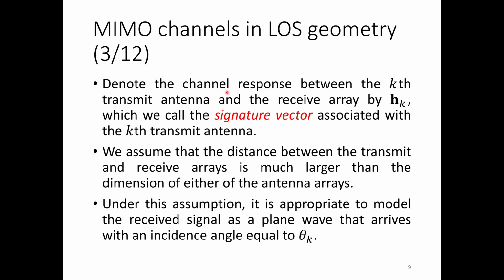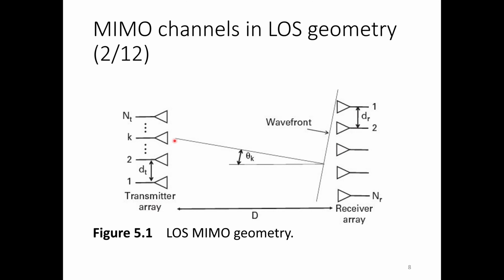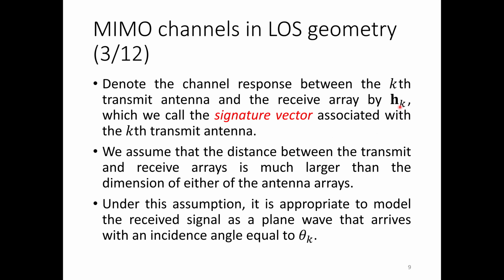Denote the channel response between the k-th transmit antenna and the receive array by HK. That is, the channel gain from this antenna to the receiver array is a vector HK, which we call the signature vector associated with the k-th transmit antenna. Let me ask you a question. What is the dimension of HK?